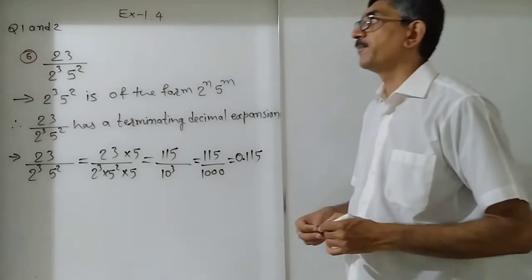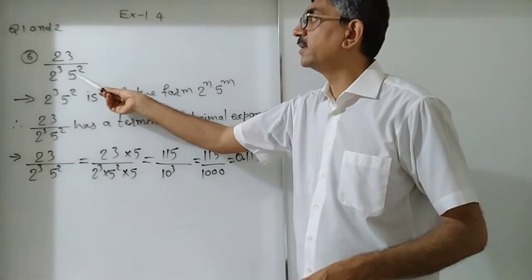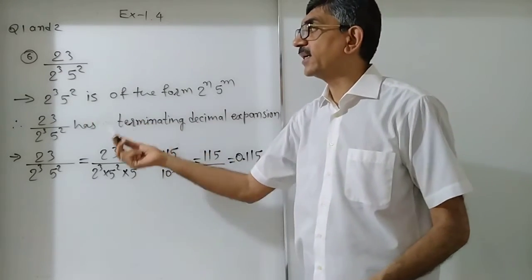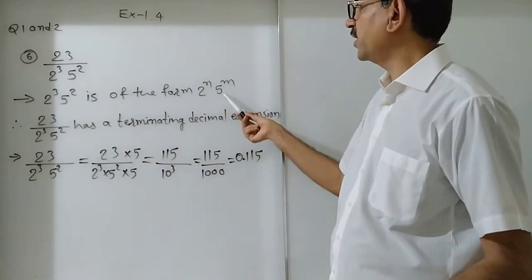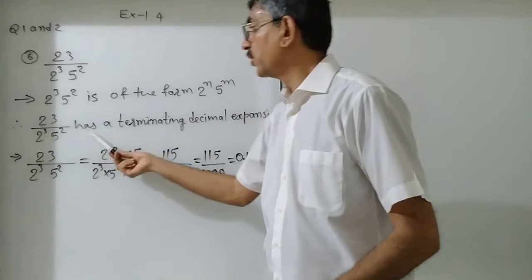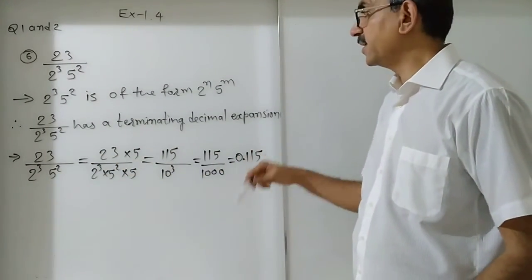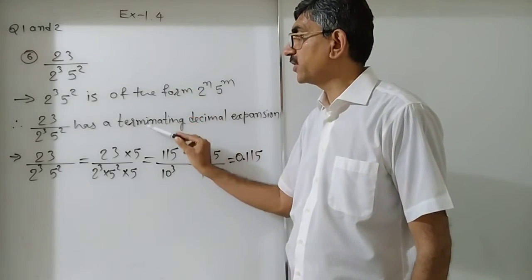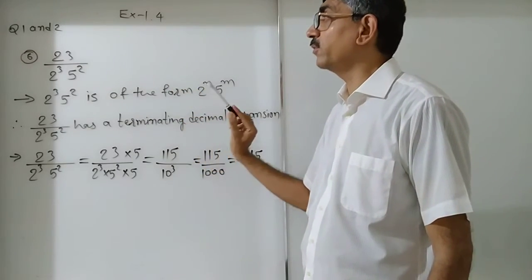0.115. Okay. First write the question, pick up the denominator. Directly we can say it is of the form 2 raised to n, 5 raised to m, which has a terminating decimal expansion. These two steps are for question number 1.